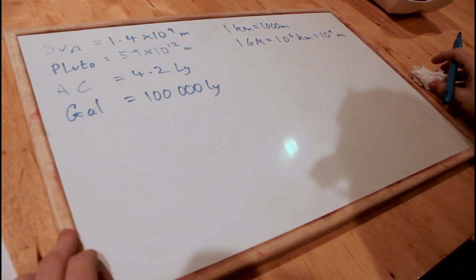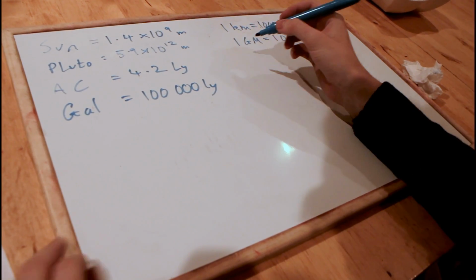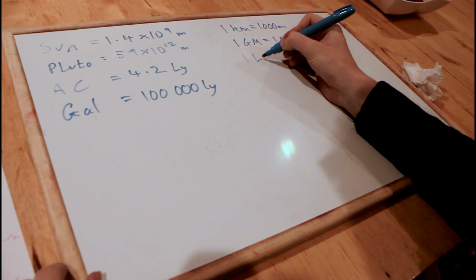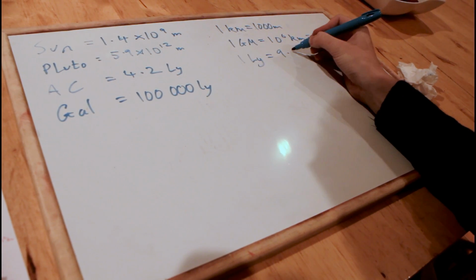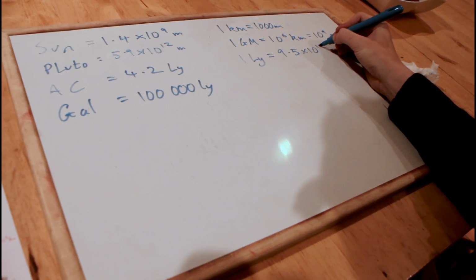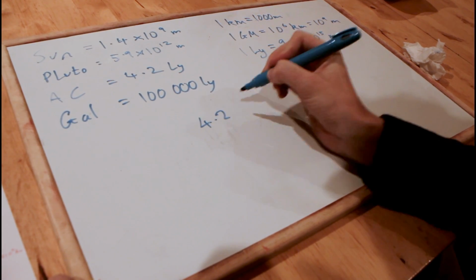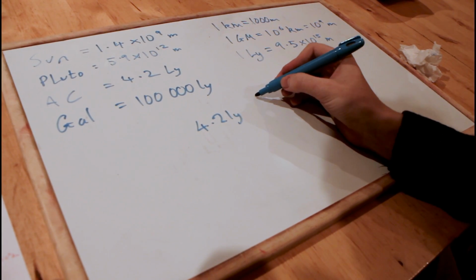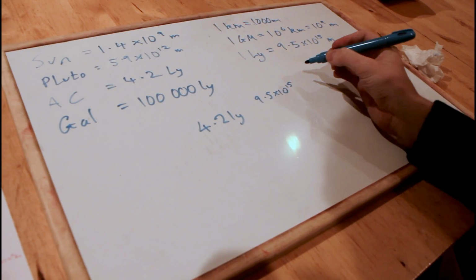All right, next we have the distance to Alpha Centauri. Now, the fact we need to know here is that 1 light year is approximately 9.5 times 10 to the power of 15 meters. So, if we have 4.2 light years, and we want to turn that into meters, then we will simply multiply by our 9.5 times 10 to the power of 15.